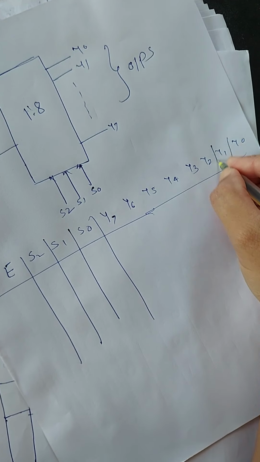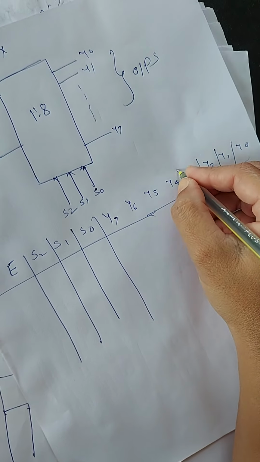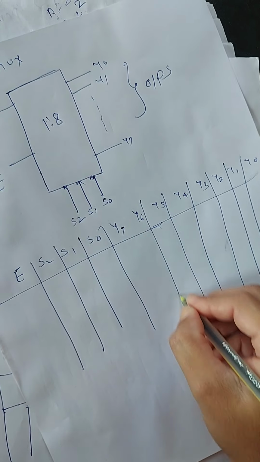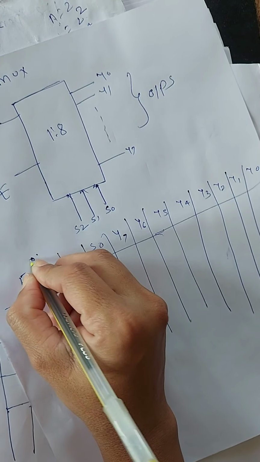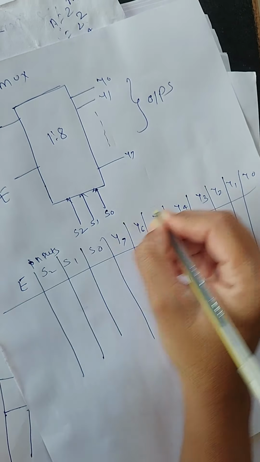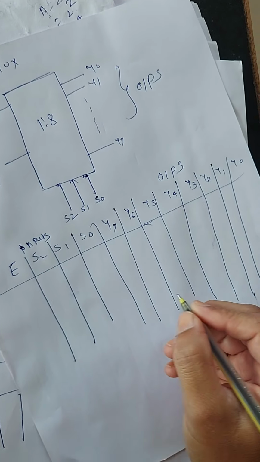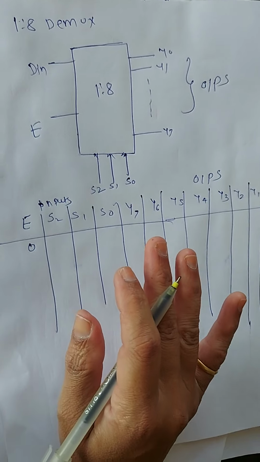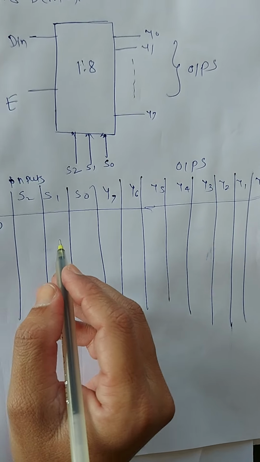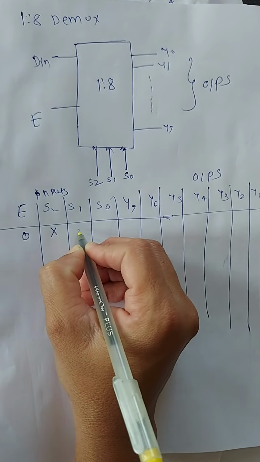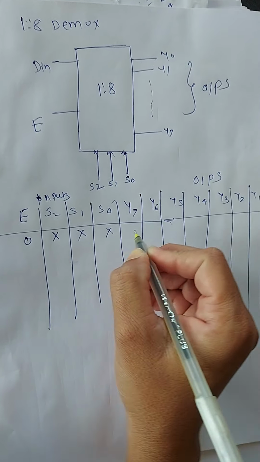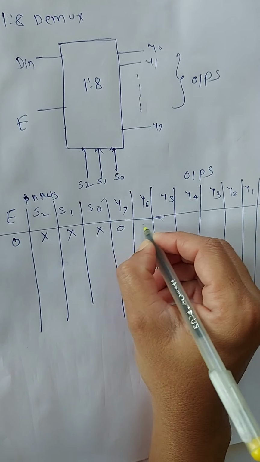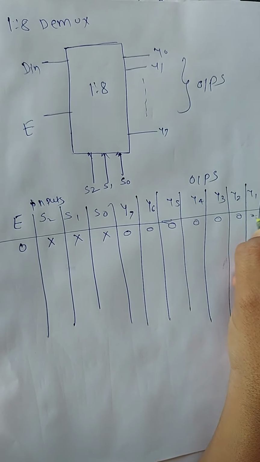These are the inputs and these are the outputs of the 1:8 demux. When enable is 0, the demultiplexer does not start its work. So S2, S1, S0 are don't care, and all outputs are 0, 0, 0, 0, 0, 0, 0, 0.